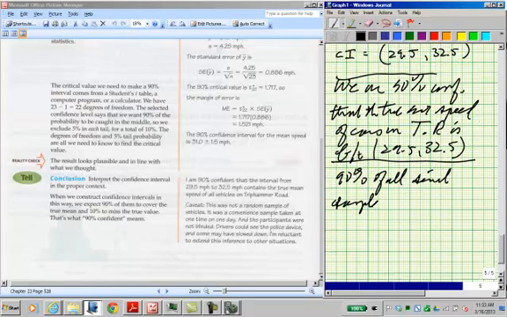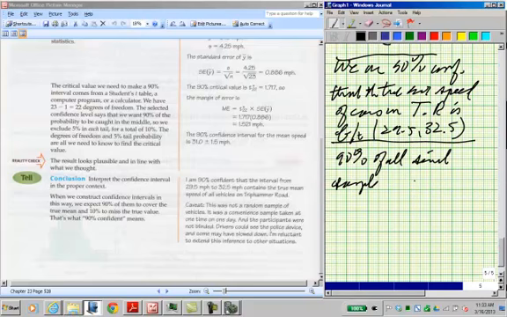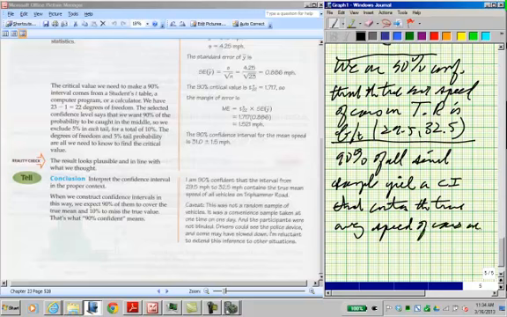Now I'm interpreting the level of confidence. 90% of all similar samples yield a CI that contains the true average speed of cars on Trip Hammer Road.